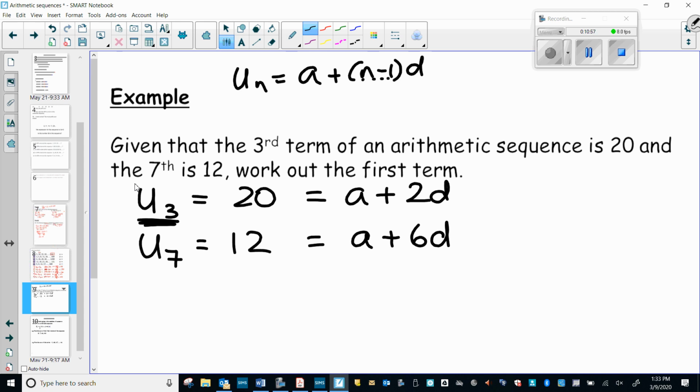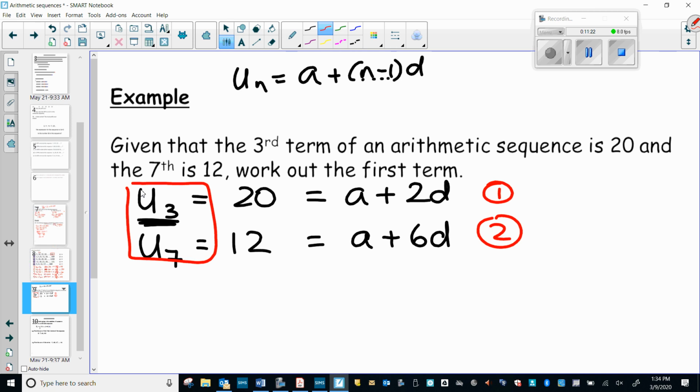So what do we do when we have 2 equations with 2 unknowns? Simultaneous equations. So we've got equation 1, equation 2. Obviously, we're now ignoring this part of the statement. So we've got 20 is equal to a plus 2d, and 12 is equal to a plus 6d.